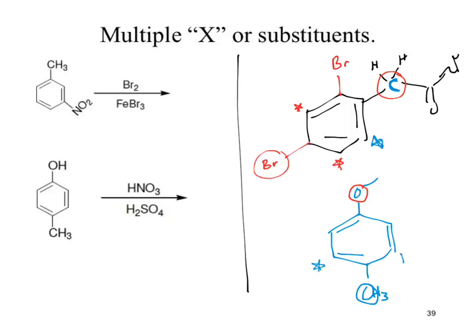The ortho positions are the only thing available to it. The oxygen directs to ortho para, and again, we see it direct to its ortho positions. The result, if you remember, it went ortho to the oxygen.